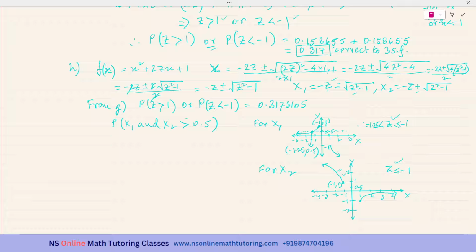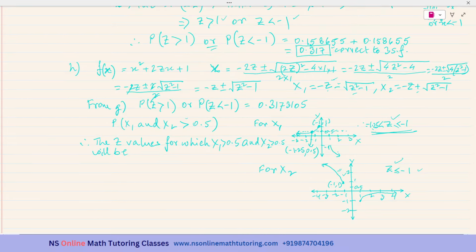Therefore, the z values for which x1 is greater than 0.5 and x2 is greater than 0.5 will be between these two values, negative 1.25 and negative 1, because this is having z less than or equal to negative 1, but I cannot take the z value as negative 2 because that will be less than negative 1.25.